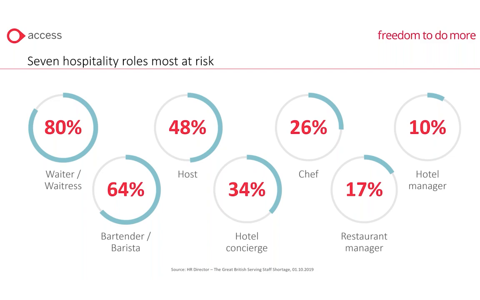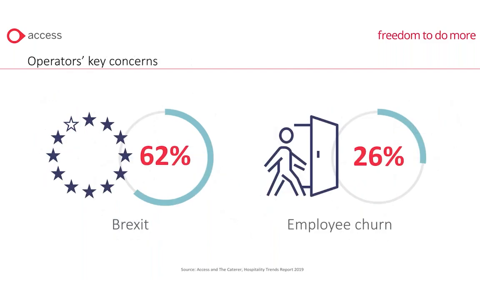These are the roles that we need to ensure that we can retain. We asked operators what their key concerns were within their organisation. With Brexit and employee churn being at the top of operators' concerns, we need to consider what will help minimise churn as well as streamlining the recruitment process and the candidate experience.